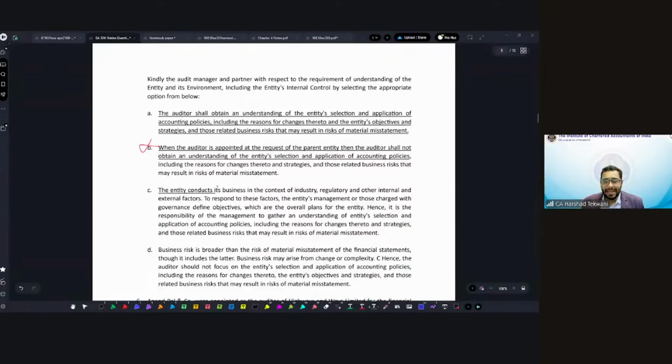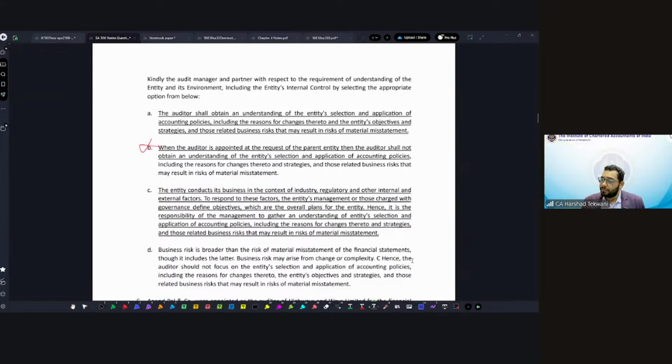Then the entity conducts its business in the context of industry, regulatory, and other internal and external factors. To respond to these factors, the entity's management or those charged with governance define objectives which are overall plans for the entity. Hence, it is the responsibility of the management to gather an understanding of the entity selection, application of accounting policies, including reason for changes thereto, and those related to the businesses that may result in the risk of material misstatement. What is the problem in this option? Or this option is correct?